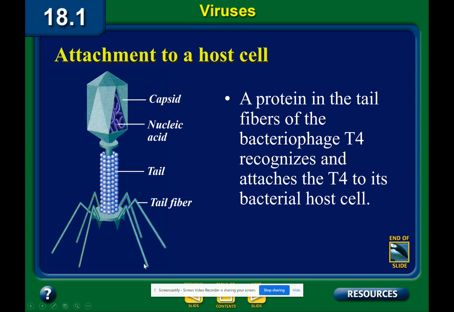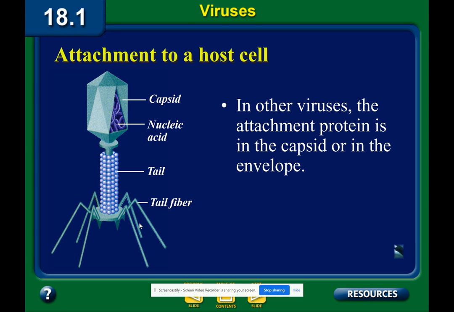These little guys are the things that are going to attach to the cell that it's trying to use as a host. So it's going to land on the host cell and attach with those tail fibers, those little legs, okay? And that's what it's going to use to hold on to the cell, at which point it will inject its nucleic acid into the host cell. And that's where the fun begins, as you might say.